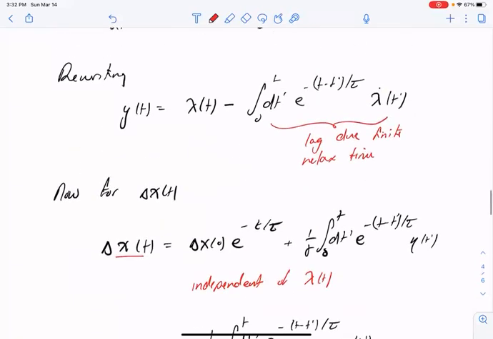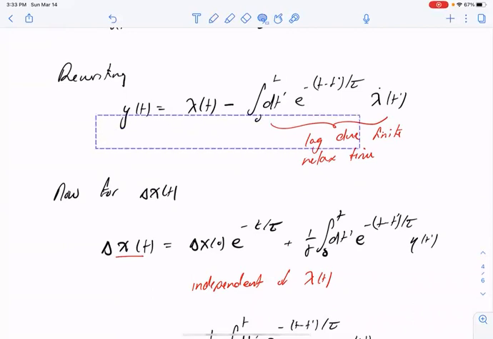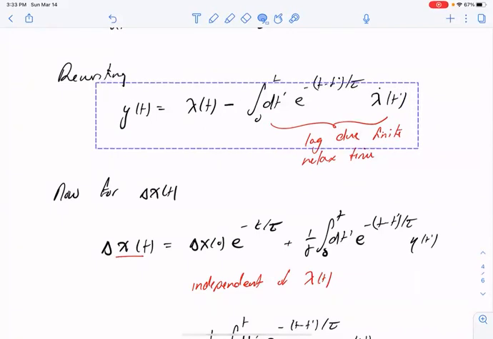Y, on the other hand, is deterministic. It has one value. And so it contributes to the work, but its average is trivial. Its average is just its value. So let's go ahead and take its value.